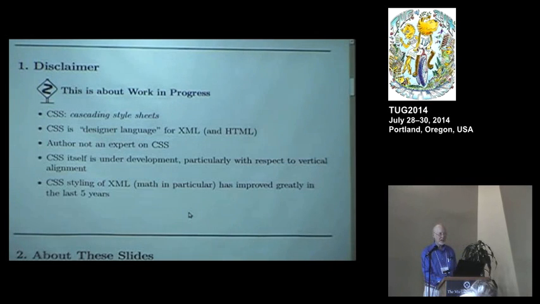CSS is still under development, but based on what I read online, I have the impression that in particular vertical alignment is sort of edgy in CSS at this time. And in fact, I think I saw some of the edginess happen in upgrading maybe this past Friday from Firefox 30 to Firefox 31.